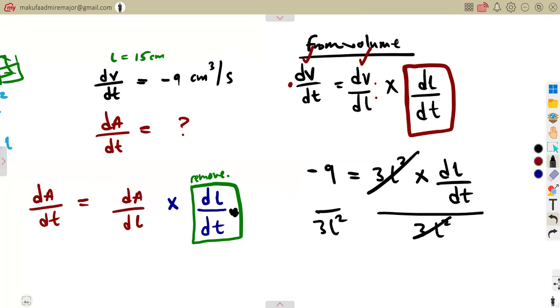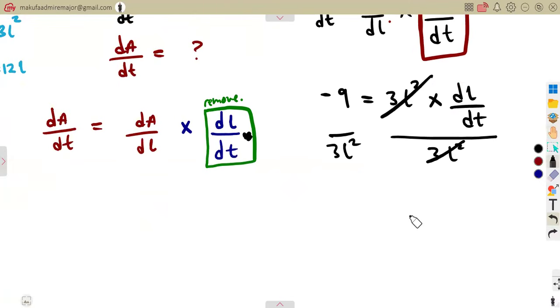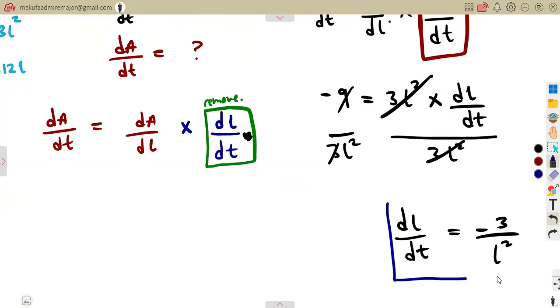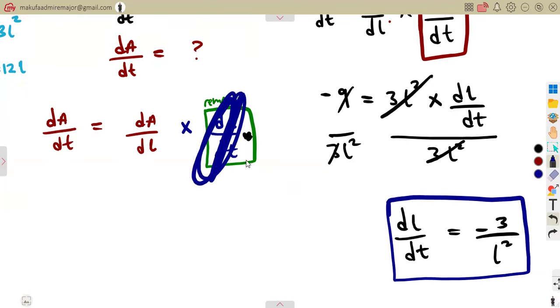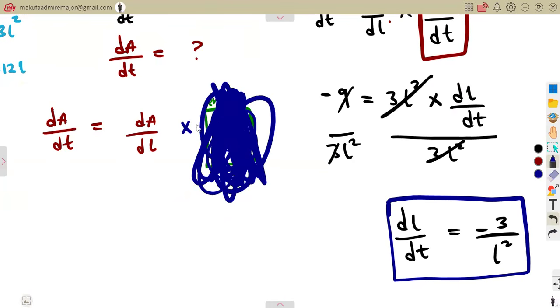So this one was a complicated question, very complicated, because you needed to figure out what is happening. So this and this cancel, and we get -3 over L squared. It's just a formulation of formulas. So we have got dL/dt. Guys, you do not just find something that is not part of your formula and remove it by erasing it with your pen like this.